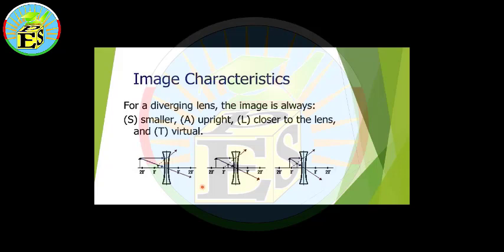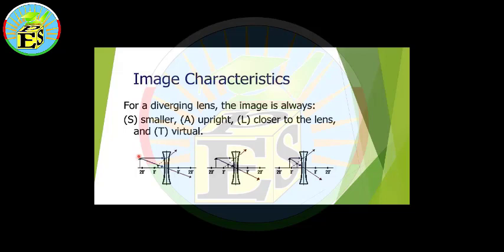For a diverging lens, the image is always smaller, upright, closer to the lens, and virtual. As we saw before, in a diverging lens we can do the same steps for drawing the image and finding its characteristics.